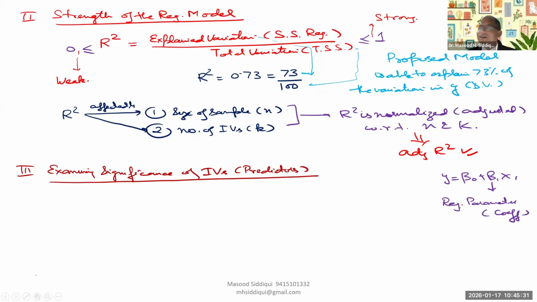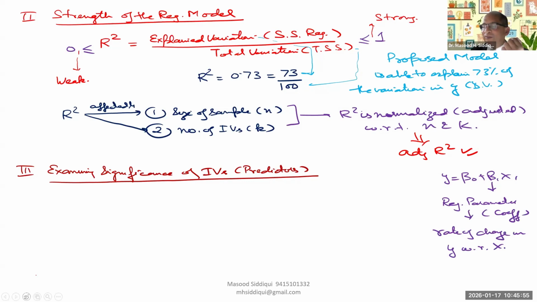What does it give us? It gives us the rate of change in y with respect to x, right? So if beta is 0, obviously the rate of change will be 0. So we can say this x1 is not associated with y, right?